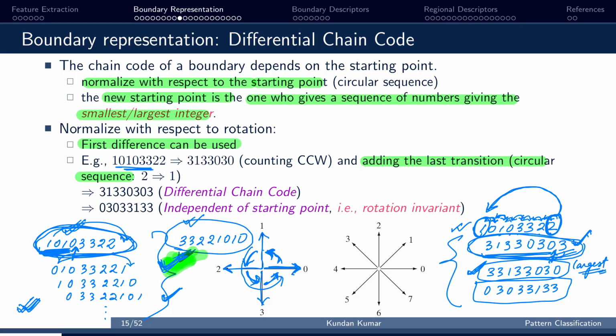And if we consider the smallest integer, then that will be our rotation invariant differential chain code. But this assumption should be consistent throughout our implementation.